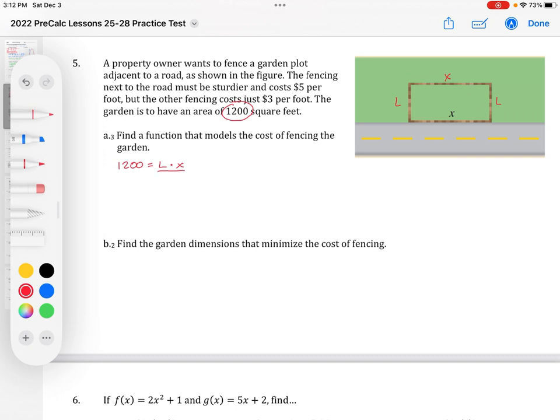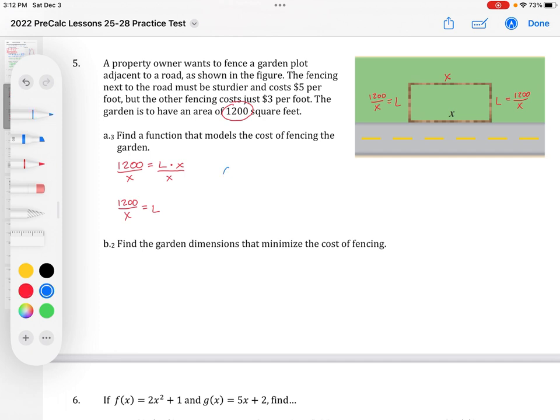I did this so that I can solve it for L and get that length in terms of X. So now for L, I'm going to use 1,200 over X instead of L, so that I just have that one variable.